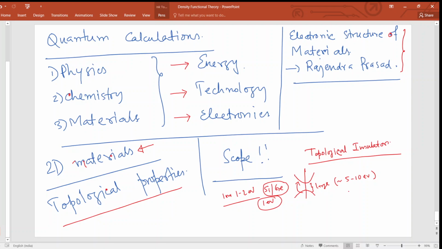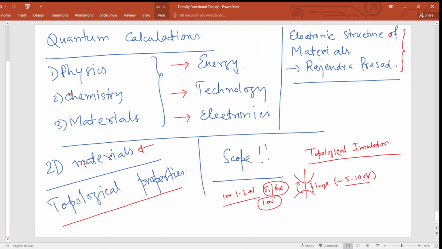However, for insulators, this gap size is quite large, and as a result, the number of free carriers available for conduction is also much smaller. I hope this part is clear to you, right? Yes, sir. Okay, so that is why you don't usually see a large amount of current in an insulator.